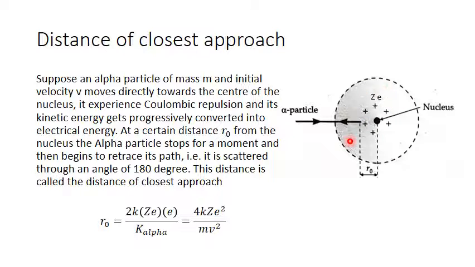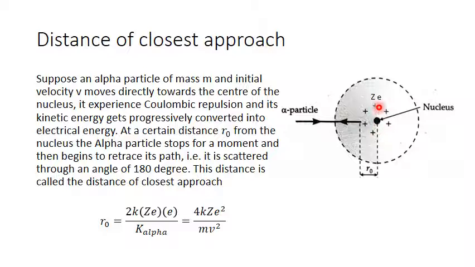Now, the distance of the closest approach can be written as twice k. What is this k? k is your force constant, 1 by 4 pi epsilon naught, times Ze. Ze is the charge of the nucleus.